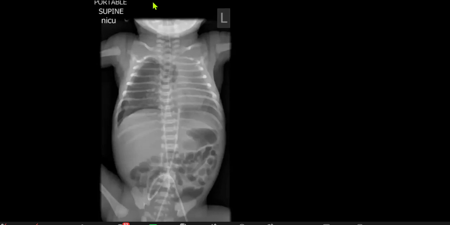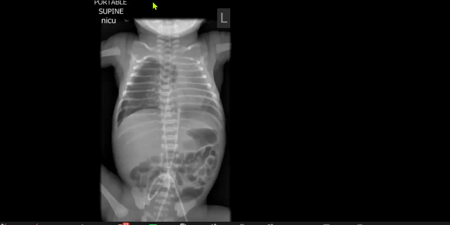There is also increased opacification of the left lung with some tracheal deviation to the left. There's also some compressive atelectasis of the right lung.